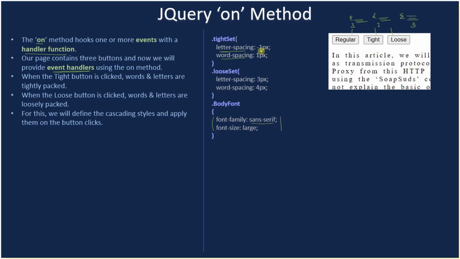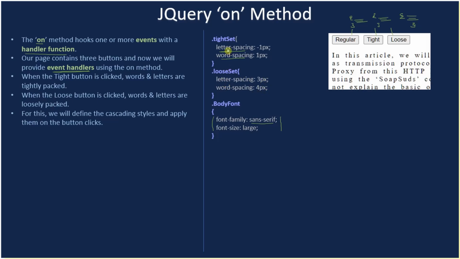So in typeset, the gap between them is -1 pixel. That means highly or tightly packed. Then word spacing is just 1 pixel. That means between words there is a gap of 1 pixel. So that is typeset. For loose set, letter spacing is 3 pixels and word spacing is 4 pixels.